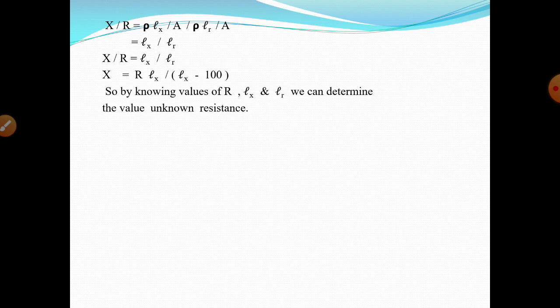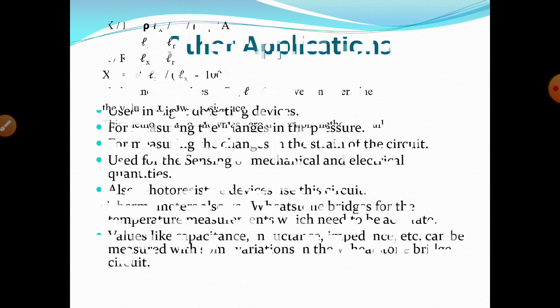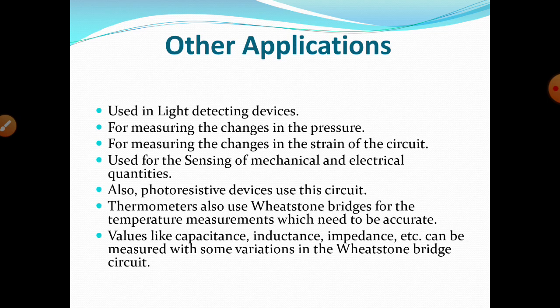The value of R should be so chosen that the null point is obtained close to the center of the wire, and the experiment should be repeated by interchanging the positions of X and R to minimize the errors due to contact resistances. In this way we can explain the meter bridge. This method is also known as the zero deflection method or null deflection method.